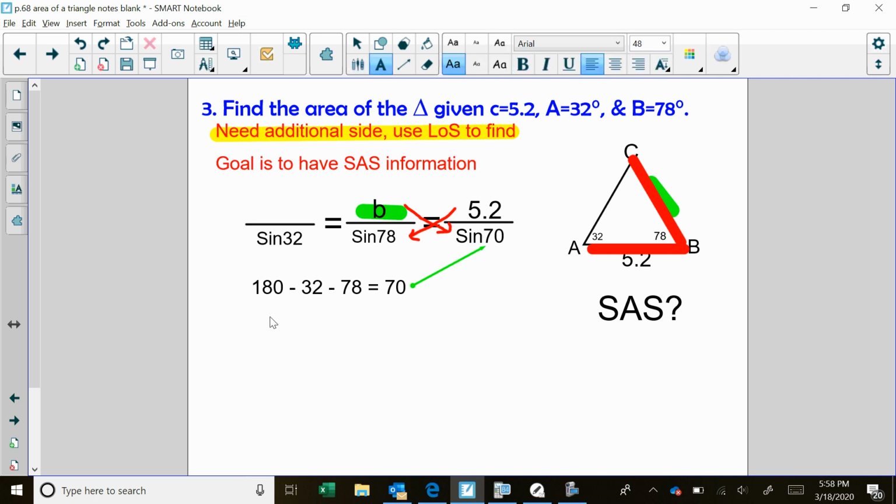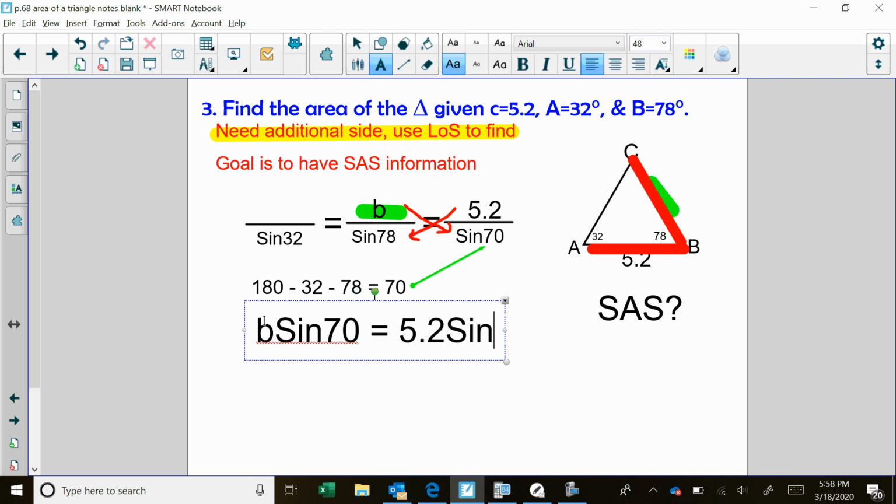All right, so that's going to be B sine 70. It's going to equal 5.2 sine of 78.